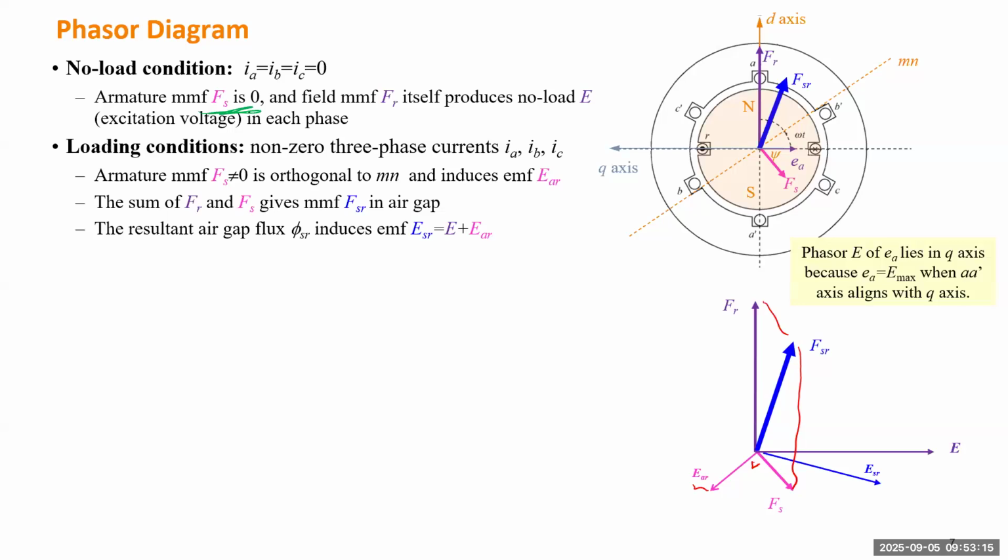So far we have three Fs, right? We start from FR. This one is always there, even when the system has no load, because as long as you have field winding current, this one will have this value. So this induces a voltage, even with no load, which is like a DC battery. Even if you don't connect the battery to a circuit, if you measure the voltage on both terminals, you still have a reading. And this voltage is induced by the stator winding only, so this is smaller.